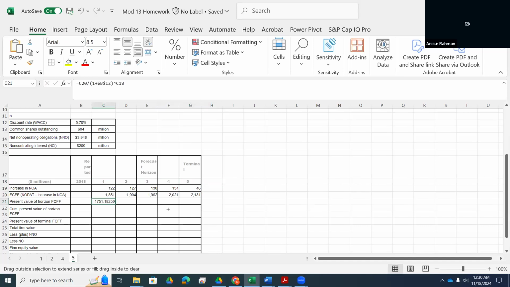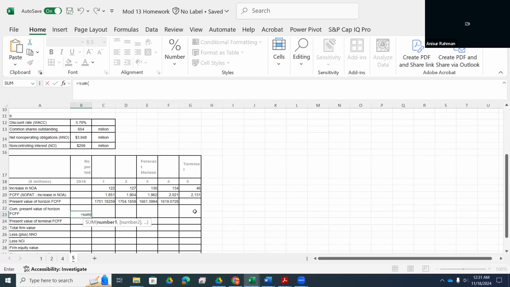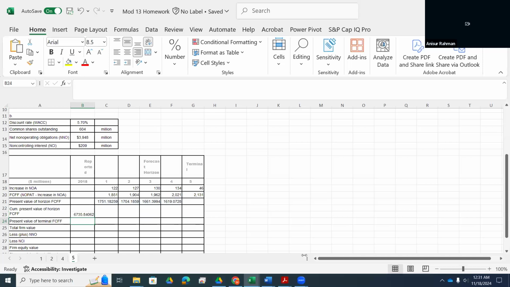And then I'll pull across up to 4. Accumulate them. So it'll be the sum of these 4 free cash flows and present value of terminal free cash flow.